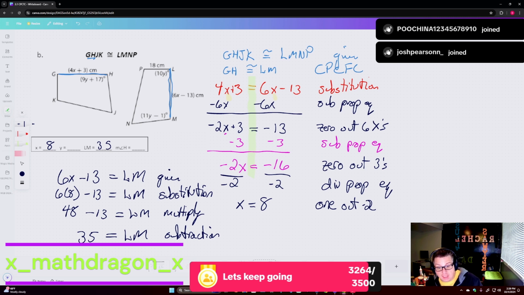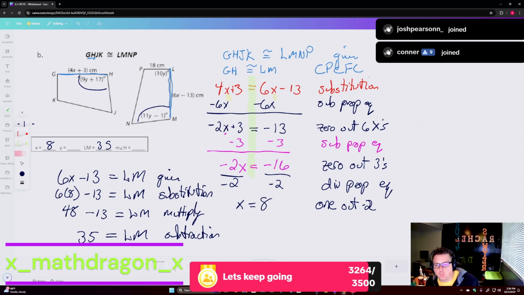So we just took that value, plugged it in for our x, and then solved it out. We're going to do the same thing for the angle. So H is going to correlate with M. So this is just extra information.